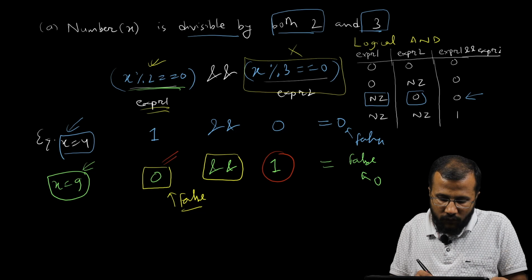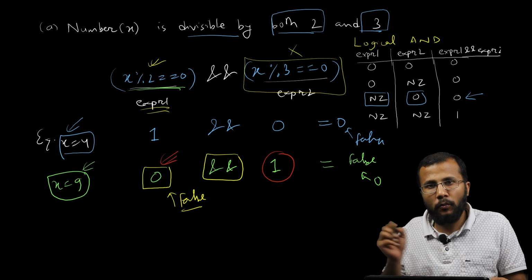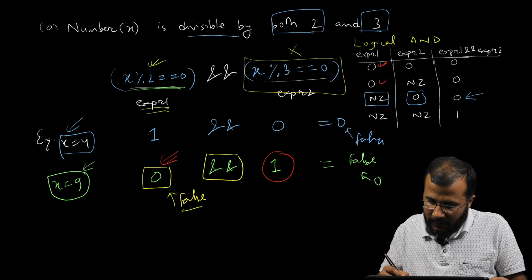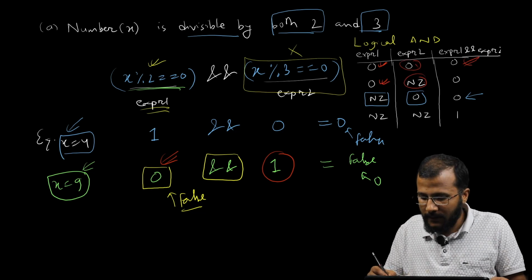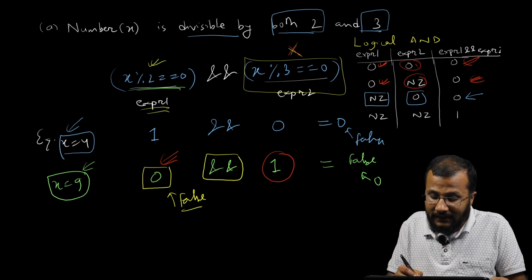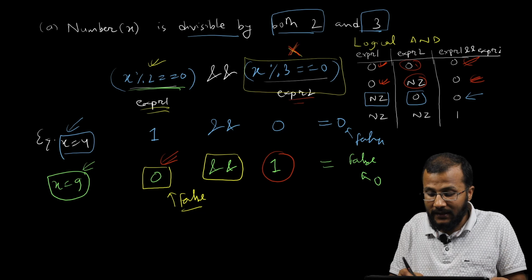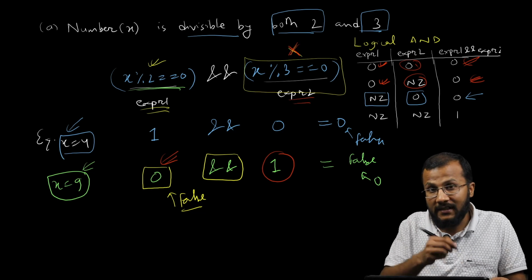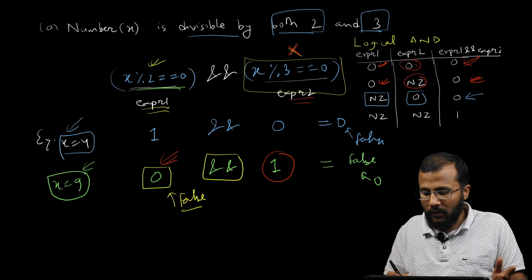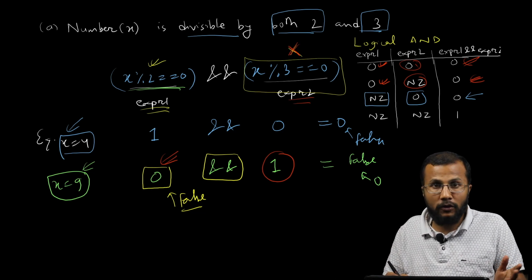If the left hand side is false, I am guaranteed that my output will be false. Whatever may be the right hand side value, the answer is always false. So therefore C will skip evaluating this second expression, expression 2 in this case, because the first expression itself is false. This is how logical AND works, and finally the output is false because it is not divisible by both 2 and 3.